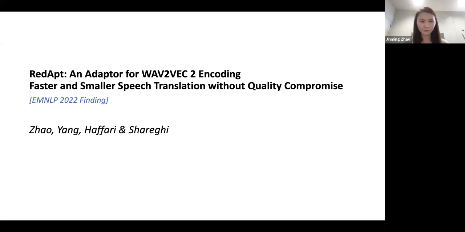Our next work is titled RedApt, an adapter for wav2vec2 encoding, faster and smaller speech translation without quality compromise. Here, the focus is to improve the efficiency of wav2vec2.